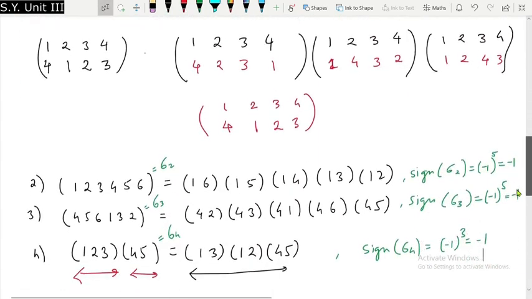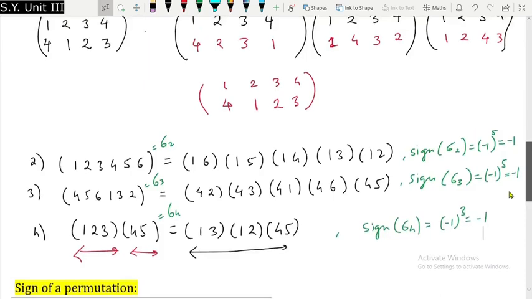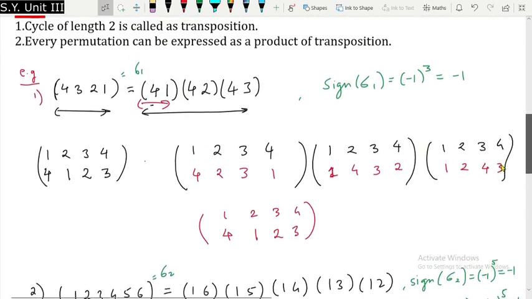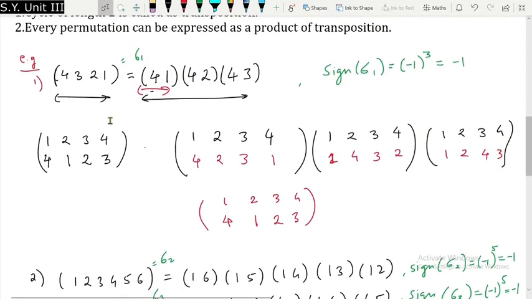Now note one thing. The idea is, if your permutation is written as an even number of transpositions, then your signature is going to be 1. And if your permutation is written as a product of an odd number of transpositions, then your signature, or you can say sign, is going to be -1.